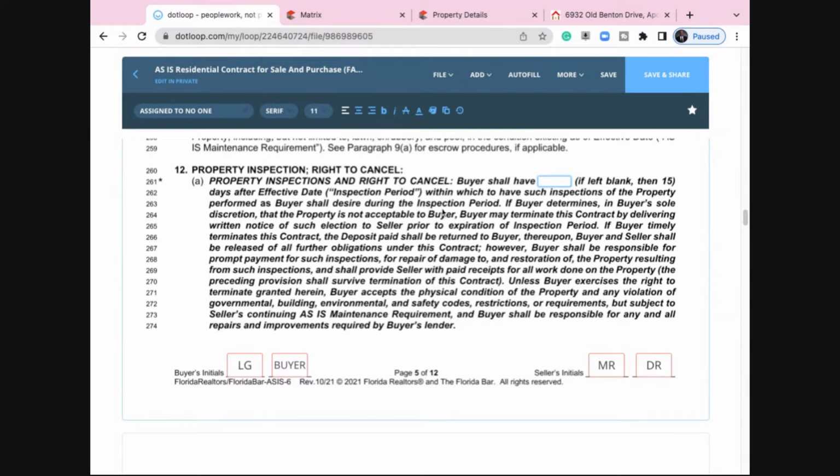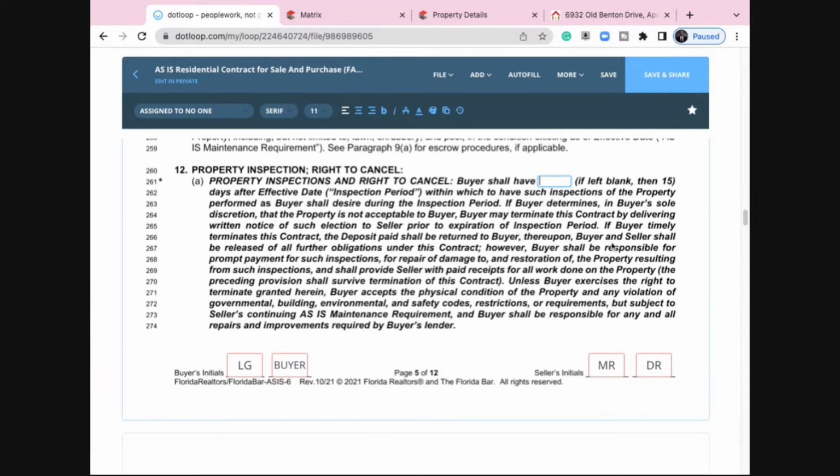If buyer determines in buyer's sole discretion that the property is not acceptable to the buyer, buyer may terminate this contract by delivering written notice of such election to seller prior to the expiration of the inspection period.